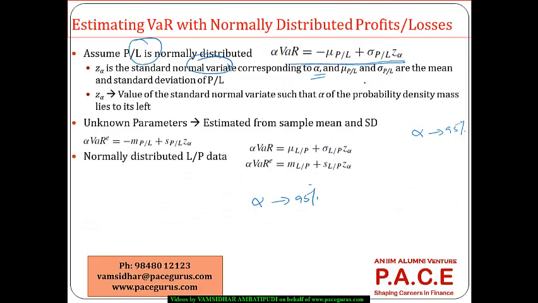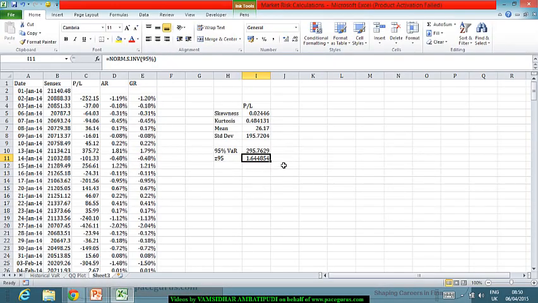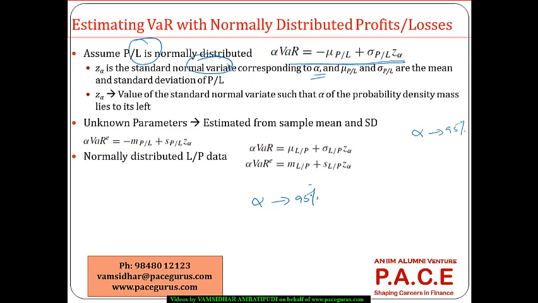So in this case, there is a 95% chance that my loss will be less than 295.76, and only a 5% chance that my loss will be more than 295.76.